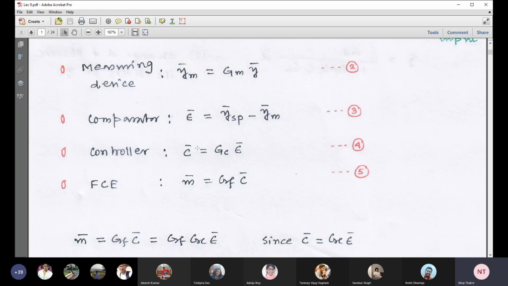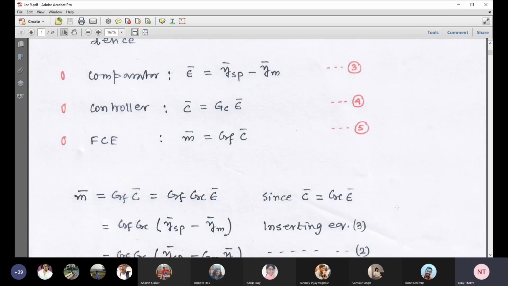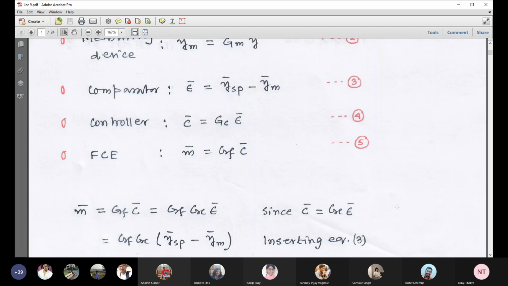In place of C bar, we can substitute equation 4. Fine. Now we'll substitute equation 3 in place of epsilon. In the next phase, we will substitute equation 3 in place of epsilon.